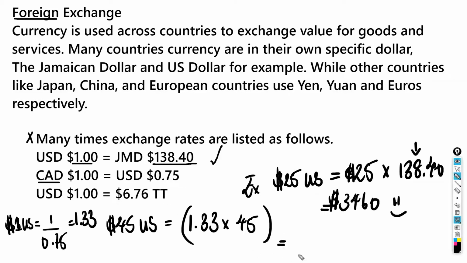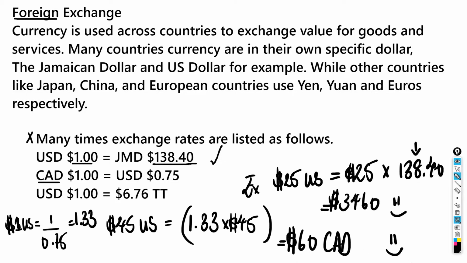Cool. So we're going to end up with 1.33 multiplied by 45. Right, so it should actually be about $60, 60 Canadian dollars. And that's actually true. About $45 is about 60 Canadian dollars right now. All right. Cool. So let's dive into some actual examples.